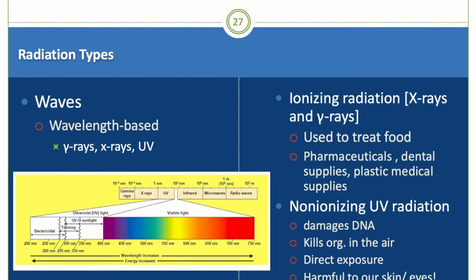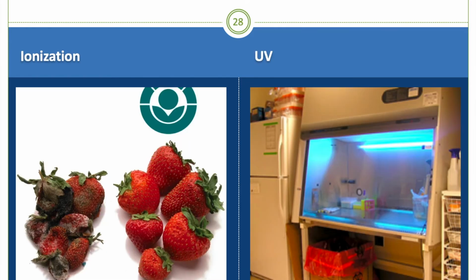The non-ionizing ultraviolet radiation is able to damage DNA, both of microbes and eukaryotes, but they kill organisms in the air. There's a direct exposure, but it's not very safe for us as humans.